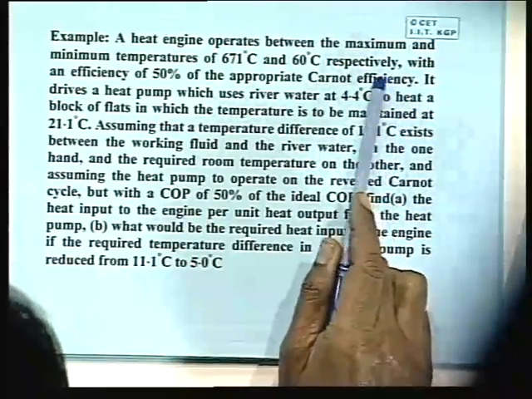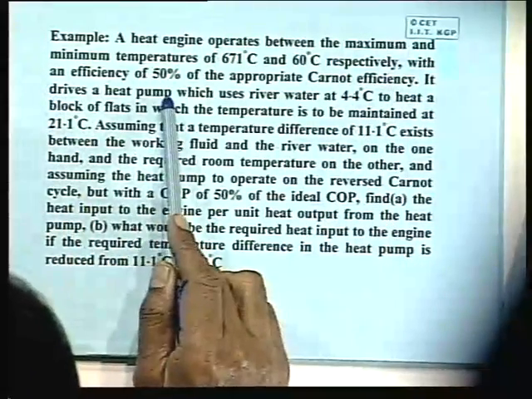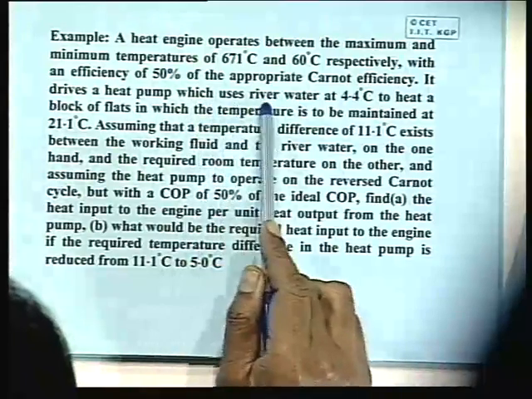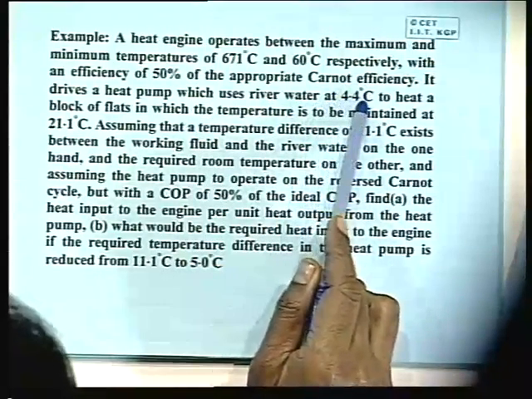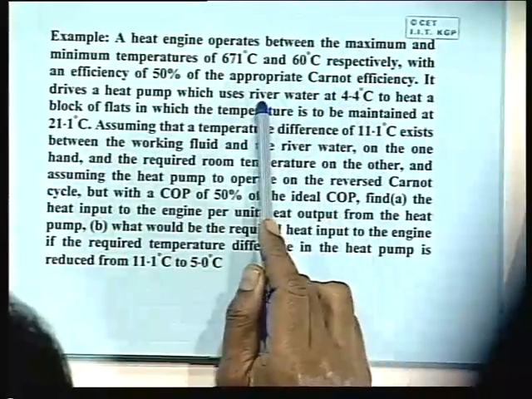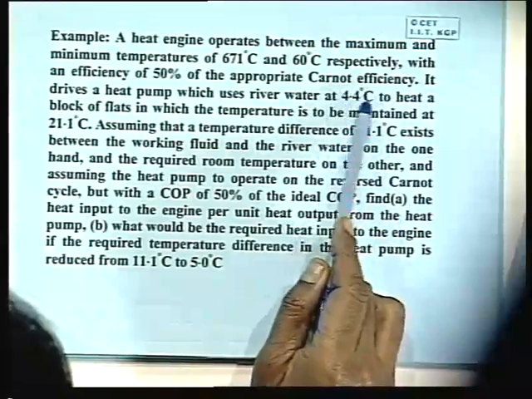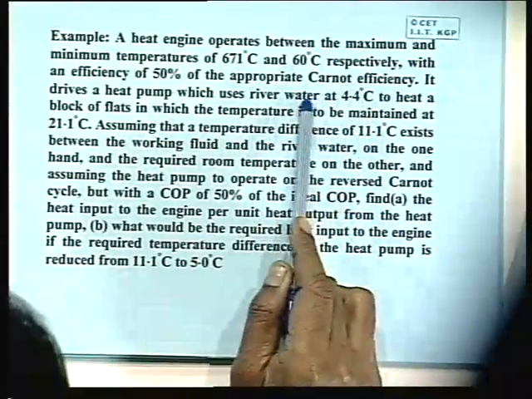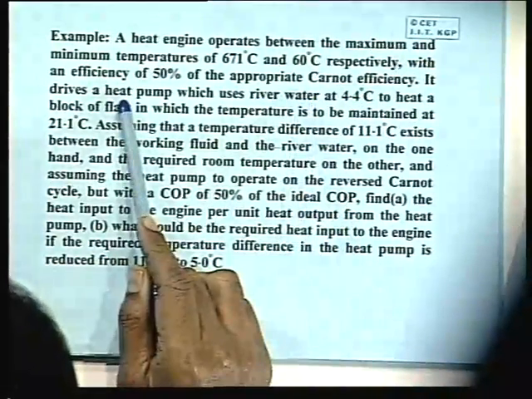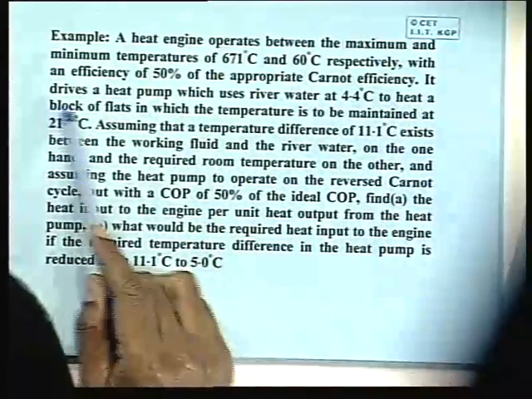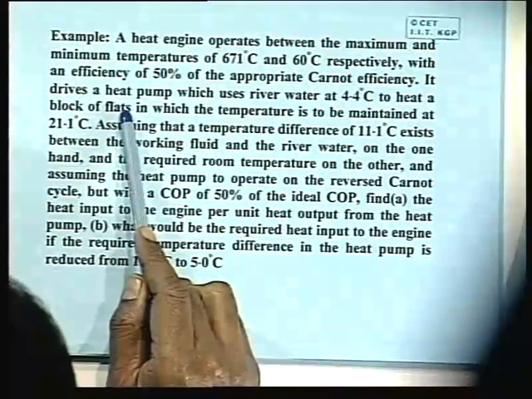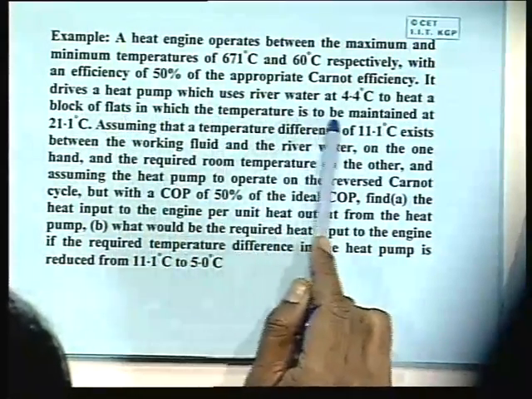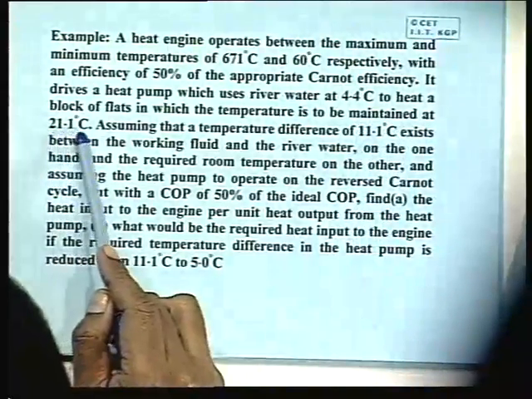Well, then this heat engine drives the heat pump which uses river water at 4.4 degrees Celsius. That means from this temperature of 4.4 degrees Celsius, that of the river water, heat is being extracted by the heat pump to heat a block of flats where the heat is being delivered, in which the temperature is to be maintained at 21.1 degrees Celsius.